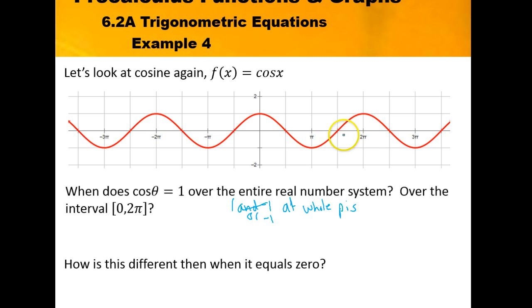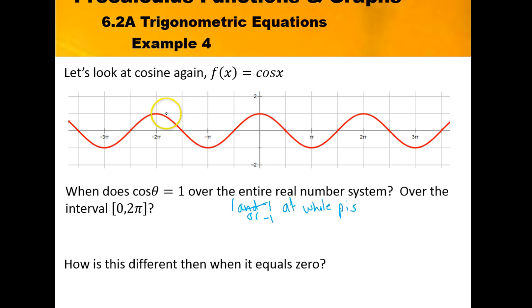It's 0 at every single pi over 2, sort of. But it's not 1 at every single pi. It's either 1 or negative 1 at every single whole pi.